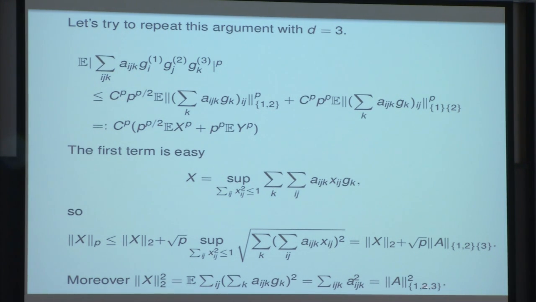So this is the number of elements in the partition divided by 2. In front of this guy, we will have square root of p coming from here, but another square root of p coming from here. So it will be p to the power 1. And this 1 is, again, the number of elements in the partition divided by 2. So it agrees with the formulation of the inequality. And this term is easy.